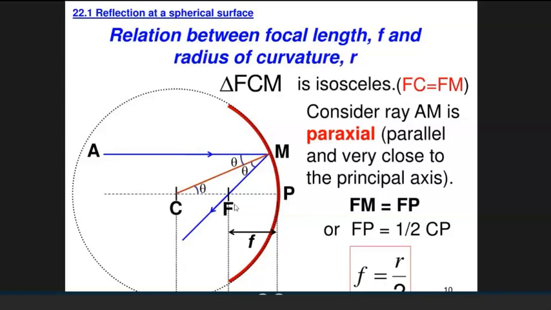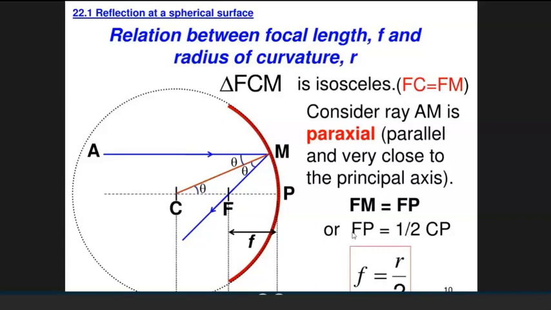CF plus PF. Therefore, as we know, FC is equal to FM, and FM is equal to PF. So PF plus PF equals 2PF, and 2PF equals CP, and therefore PF equals half of CP.